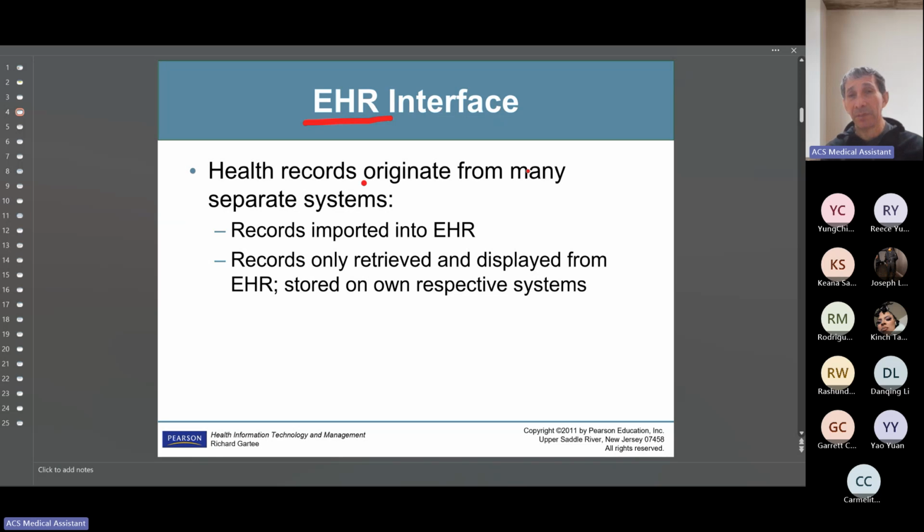Remember, if I'm seeing my patient right here in my office, but then I refer my patient to a specialist, that specialist does not have to start collecting information from scratch. That medical doctor doesn't have to receive paper-based copies and start reading all that and trying to figure out what it is.